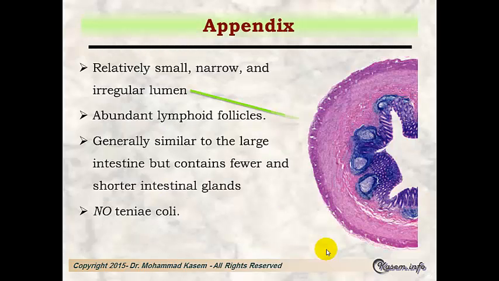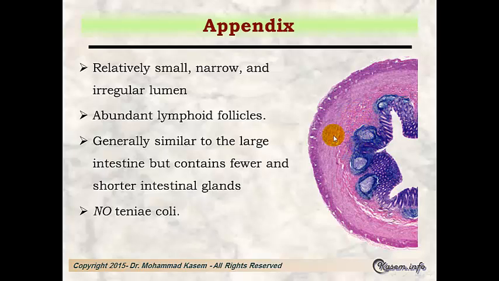Now we'll talk about the appendix. The appendix, we saw it as a small protrusion coming from the cecum. It has features like a relatively small, narrow, irregular lumen, and abundant lymphoid follicles.